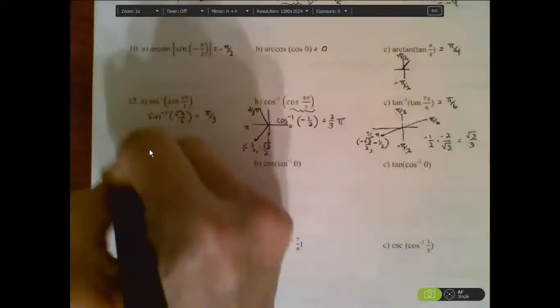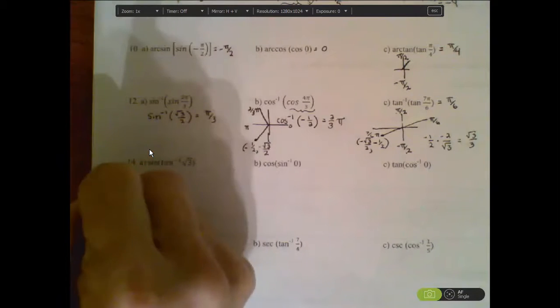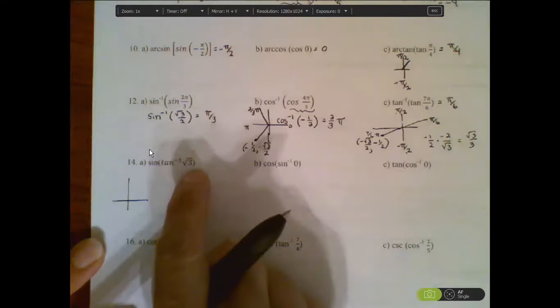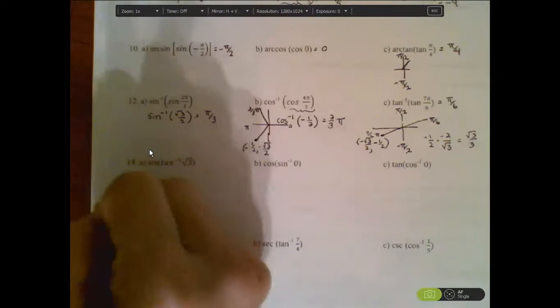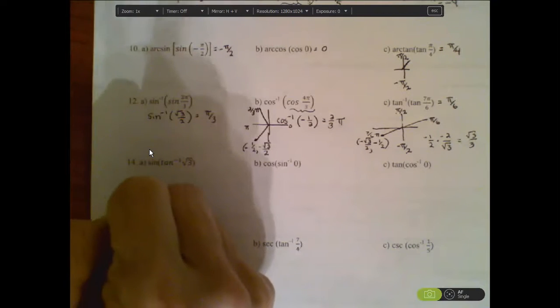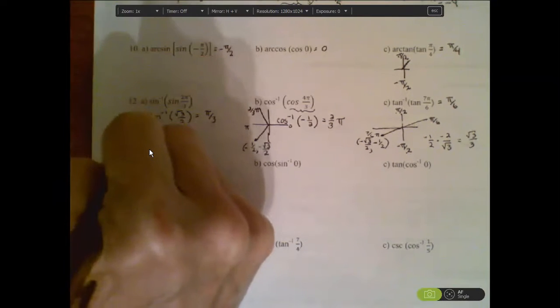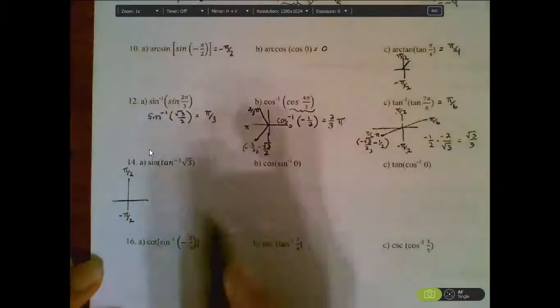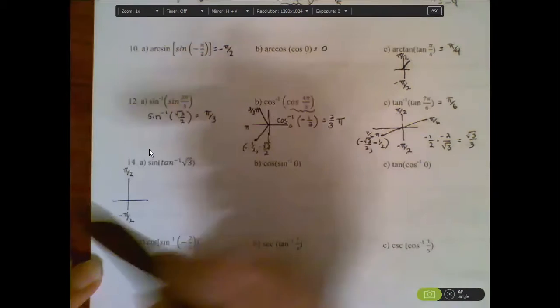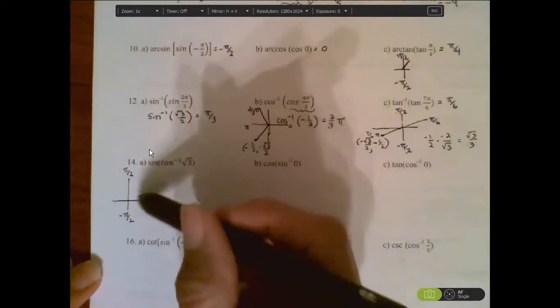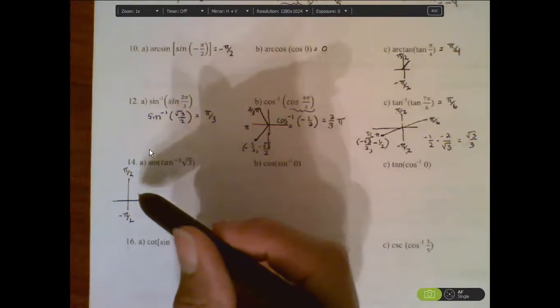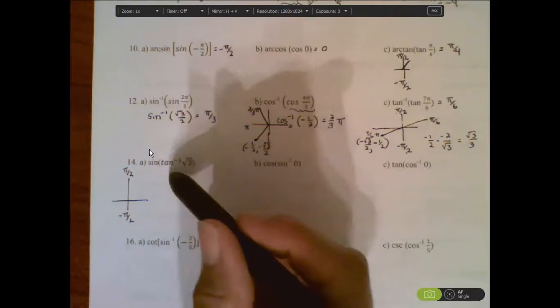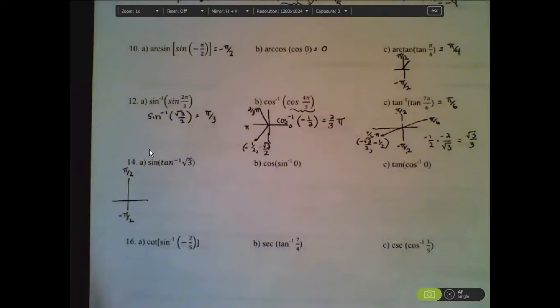So again, I have to think about inverse tangent always gives me an angle between negative pi over 2 and positive pi over 2. And if inverse tangent is positive in one of these two quadrants, it's the first quadrant. I'm looking for the first quadrant angle where tangent is square root of 3, or the y divided by the x is square root of 3.